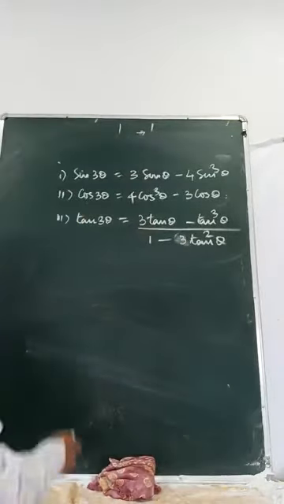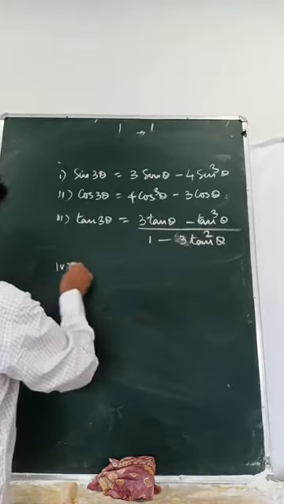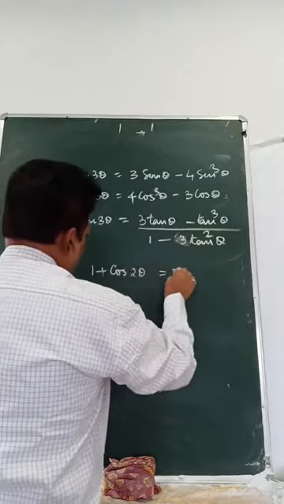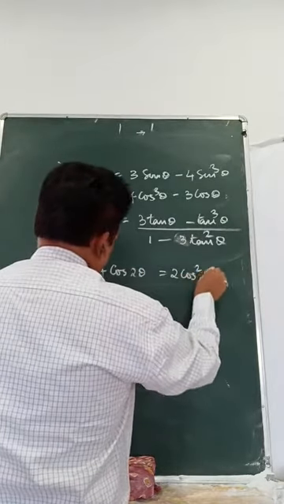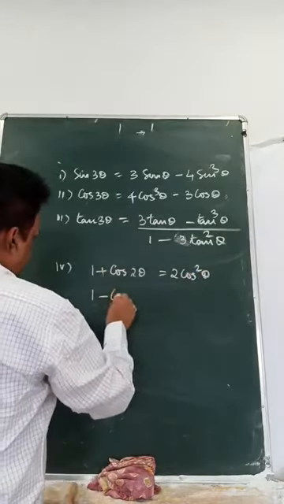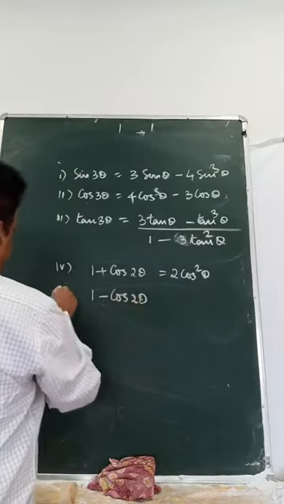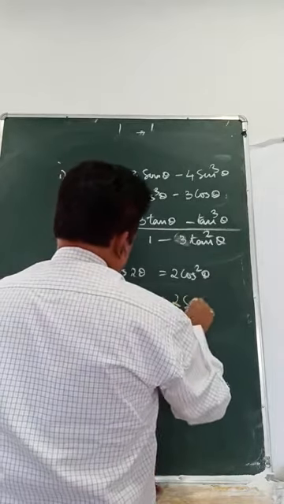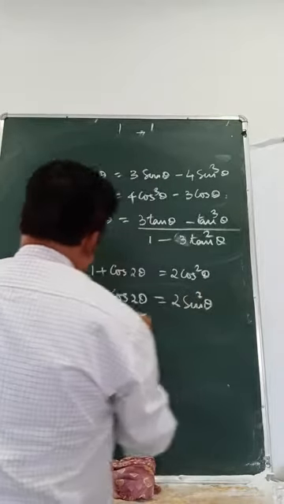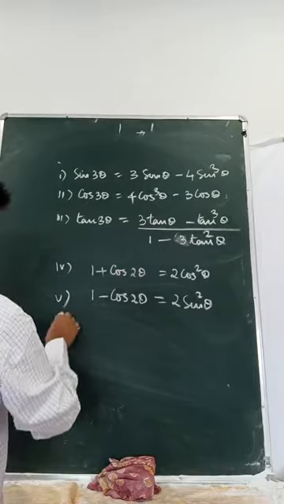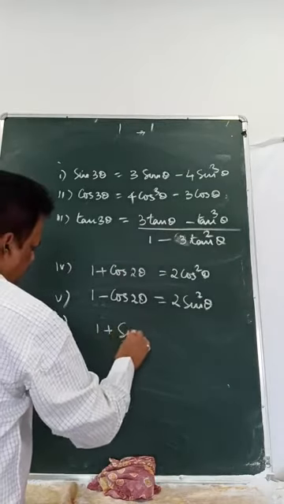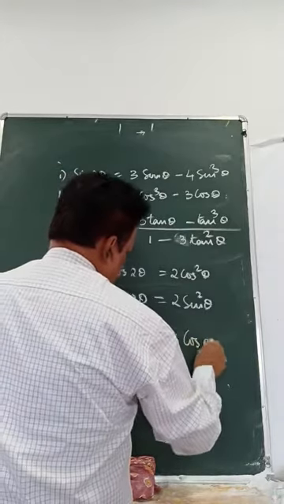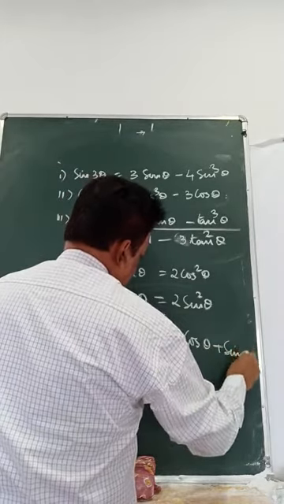Now look at some other questions. 1 plus cos 2 theta uses 2 cos square theta. If you find 1 minus cos 2 theta, you use 2 sin square theta. And 1 plus sin 2 theta uses cos theta plus sin theta whole square.